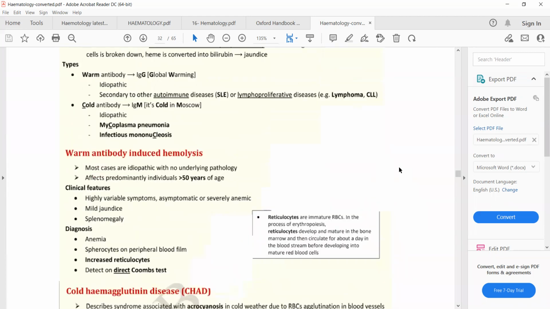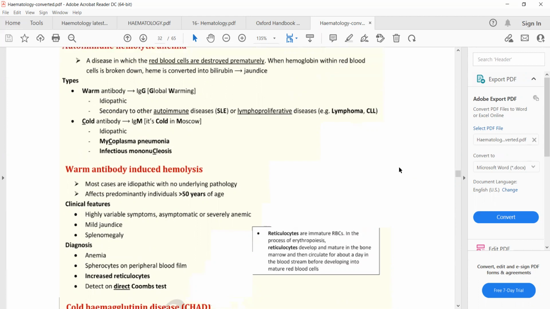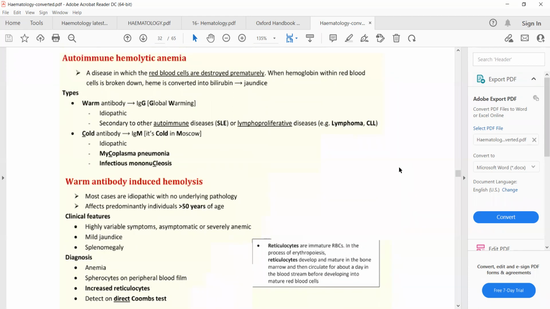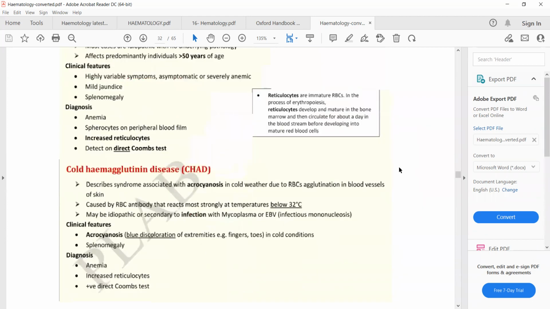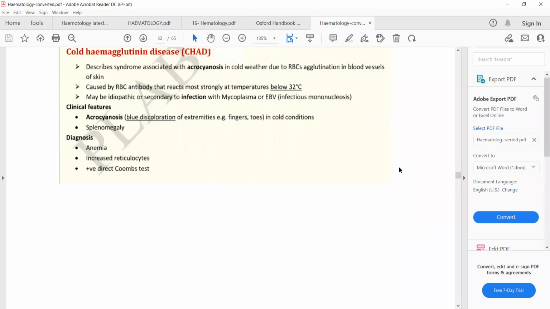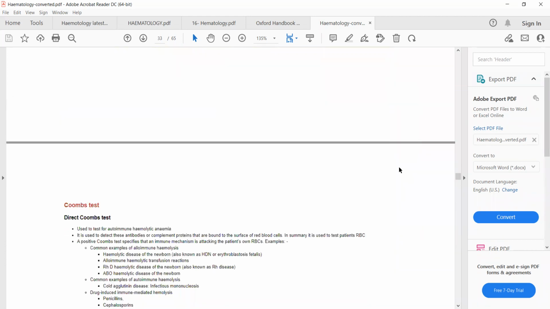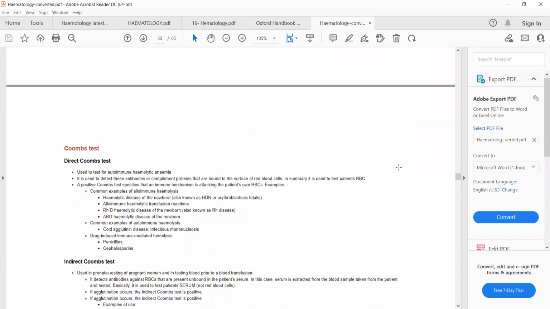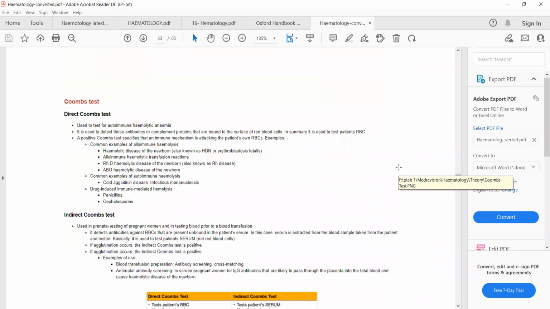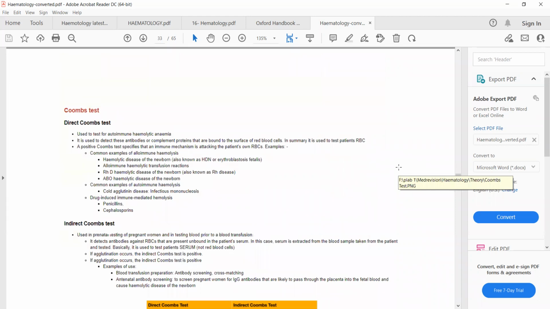If it's associated with Mycoplasma infection or infectious mononucleosis, then it will be the cold type. If it's associated with SLE, lymphoma and CLL, then it will be warm antibody autoimmune hemolytic anemia. So a Coombs test is used to differentiate between autoimmune hemolytic anemia and hereditary spherocytosis.